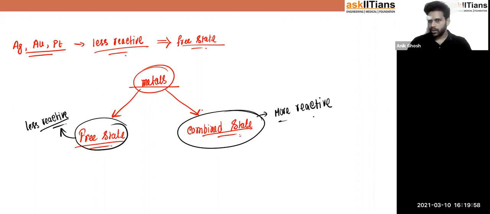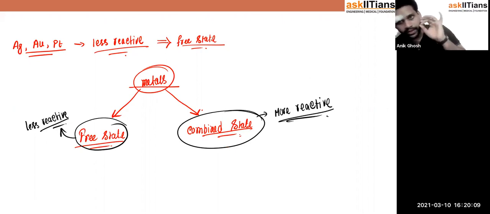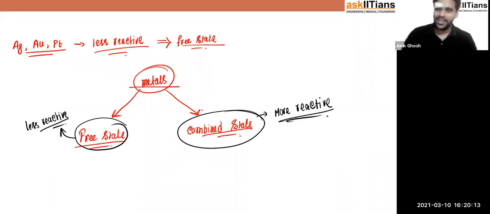Get it? So the combined state is only for the higher priority metals, those that are in the higher places in the metal activity series, right? Not the periodic table, the metal activity series. Got it so far? I think it's fairly clear enough.